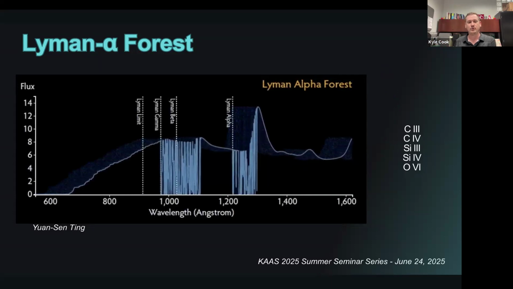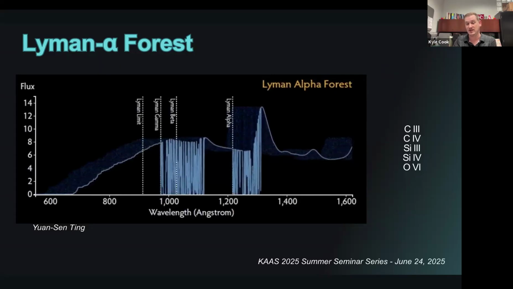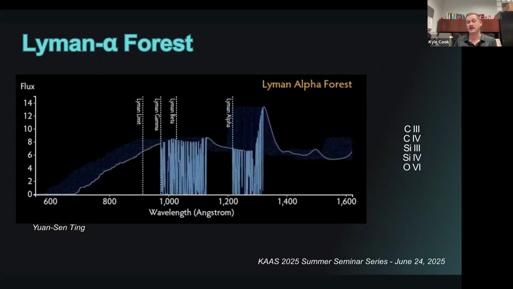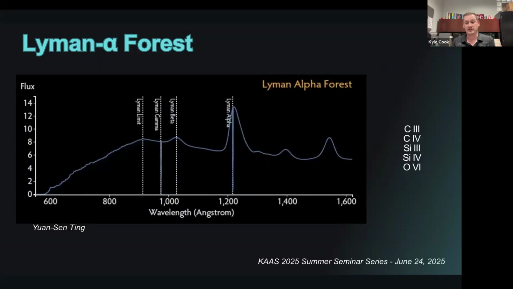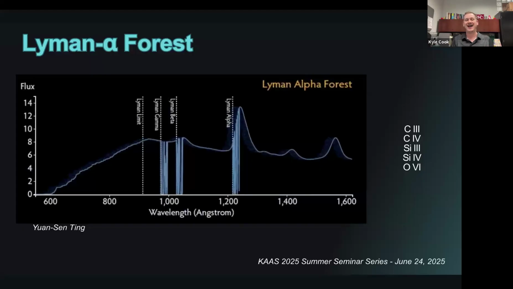But the point here is that we can search through this Lyman alpha forest and start understanding what kind of elements are in the IGM over time, which is important because it tells us the chemical evolution of the universe.